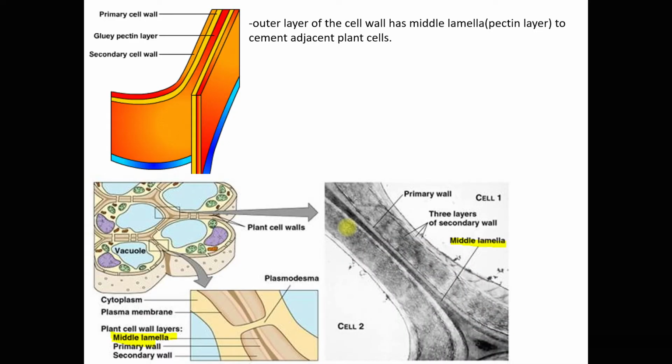Now, other characteristic of this primary cell wall, the outer layer of the cell wall has middle lamella, also known as pectin layer. Kalau kamu tengok dalam gambar ini, this is the primary cell wall yang kuning ini. So between one primary cell wall with another primary cell wall, there is a middle lamella.